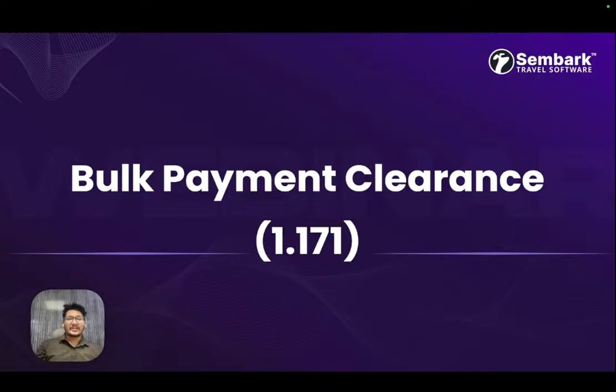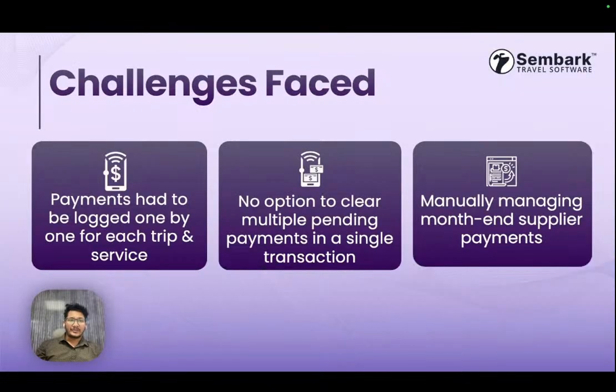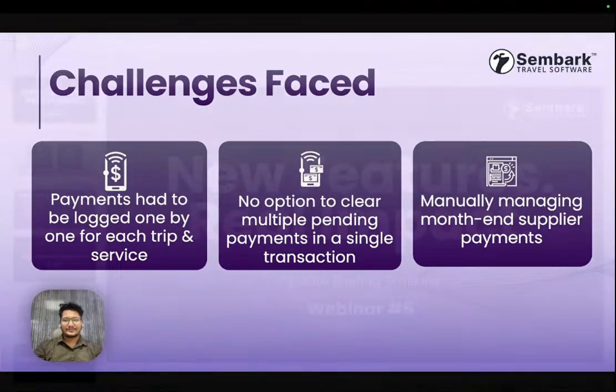This process was time consuming and involved a lot of manual effort. Based on customer feedback, we have now introduced the bulk payment clearance. This feature allows you to clear multiple payments for a supplier in a single transaction. Now let's see how this works.